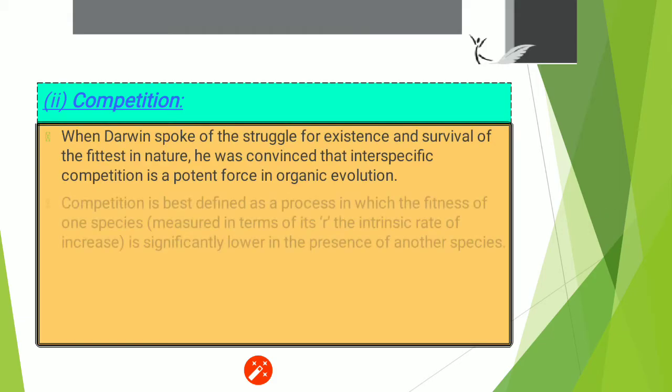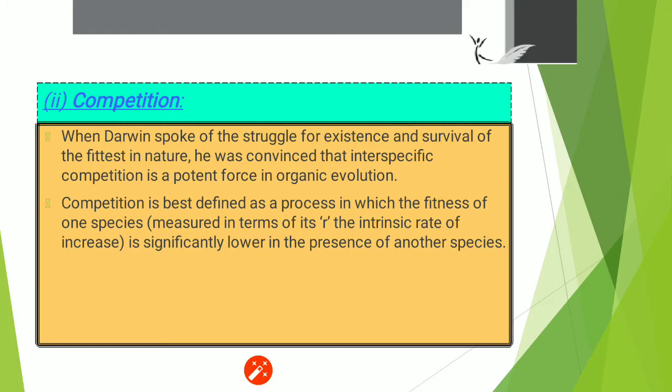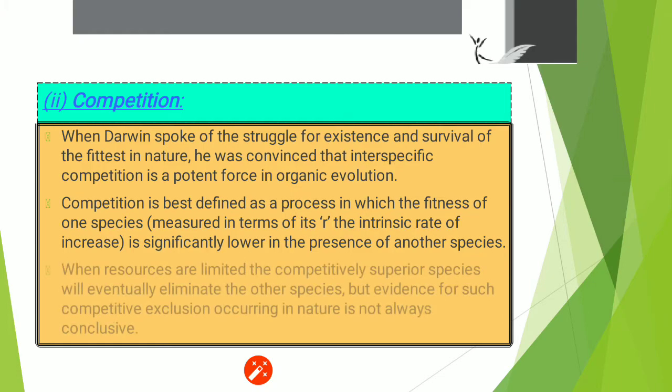Second is competition. When Darwin spoke of the struggle for existence and survival of the fittest in nature, he was convinced that interspecific competition is a potent force in organic evolution. Competition is best defined as a process in which the fitness of one species, measured in terms of its r, the intrinsic rate of increase, is significantly lower in the presence of another species.